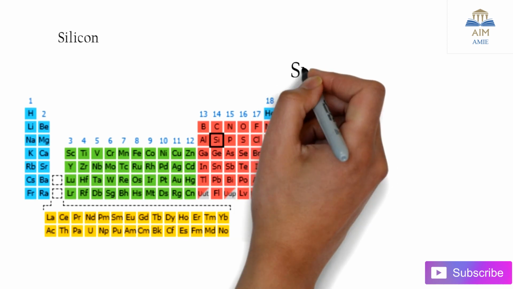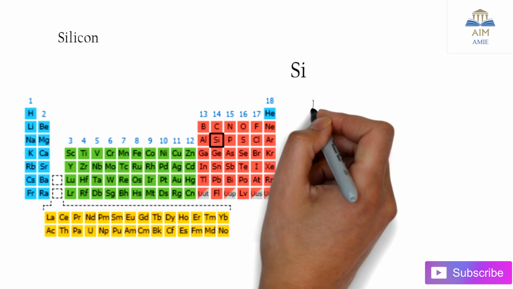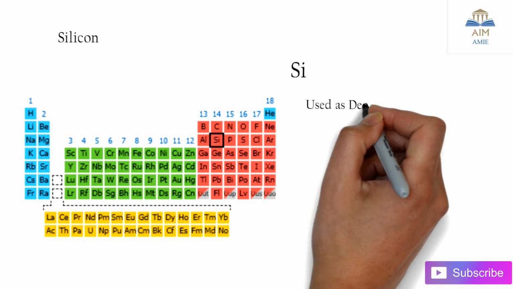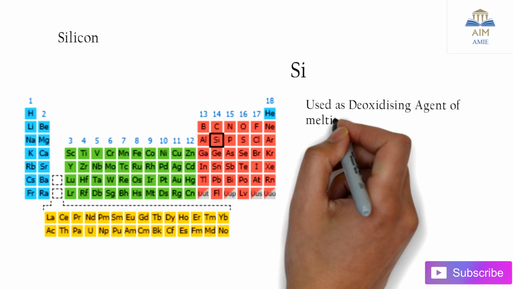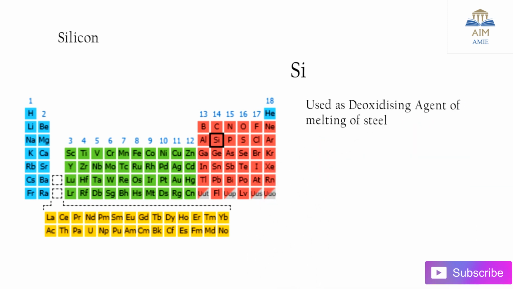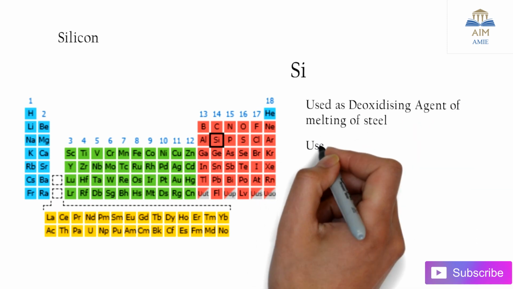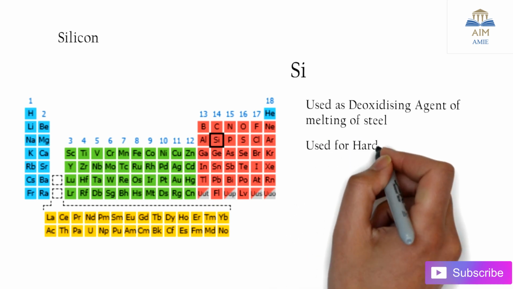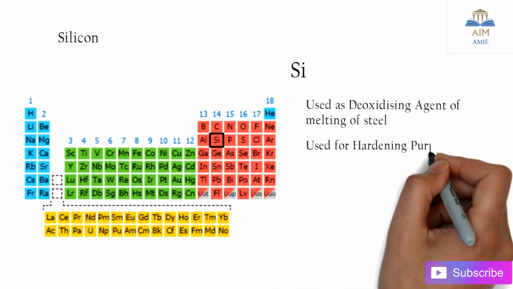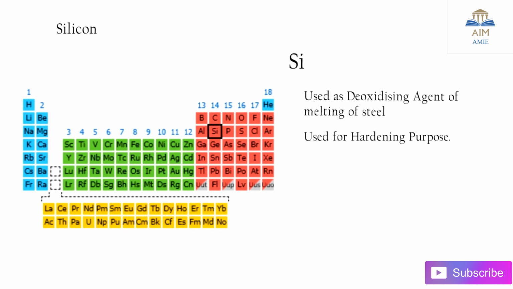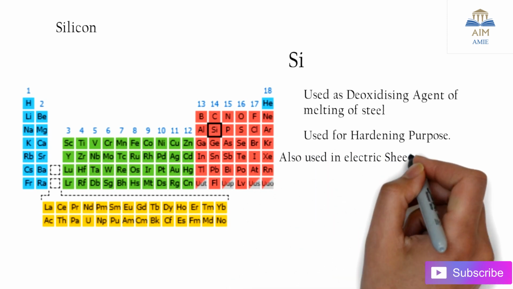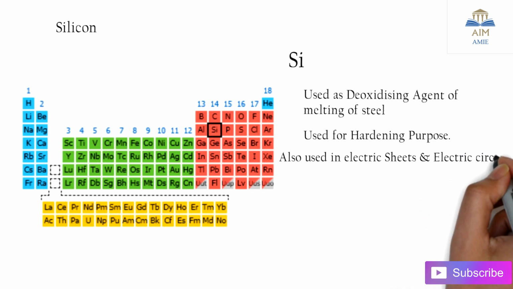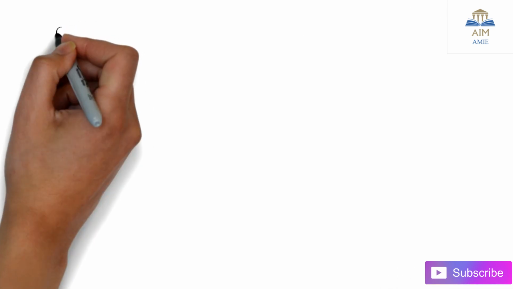It is used as a deoxidizing agent in the melting of steel. It can be used for hardening purposes also, and in electrical devices, electrical sheets and electrical circuits as well.